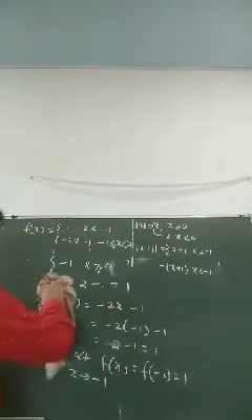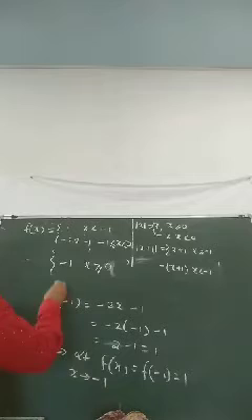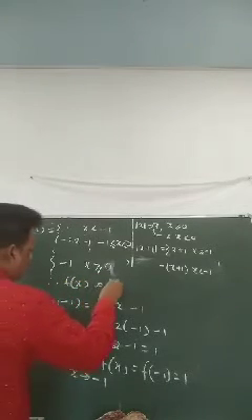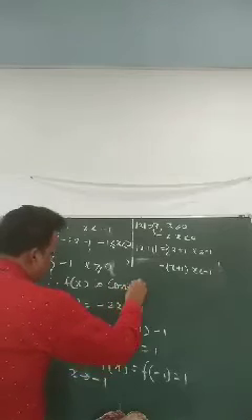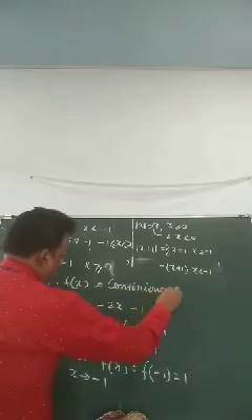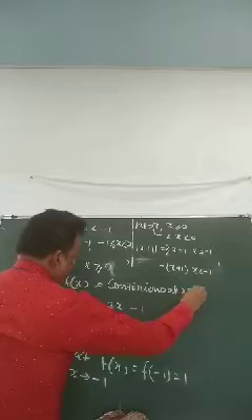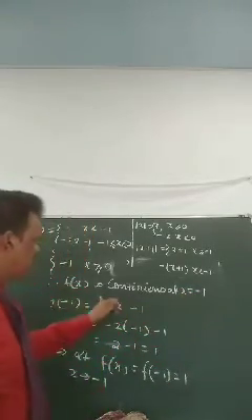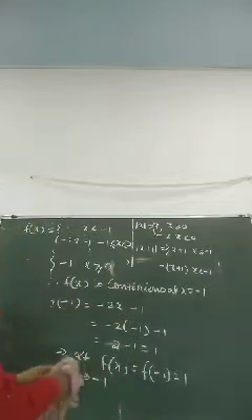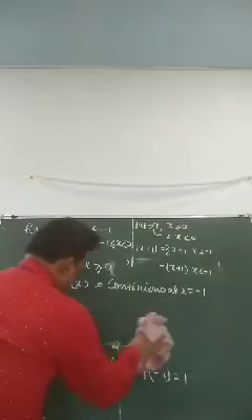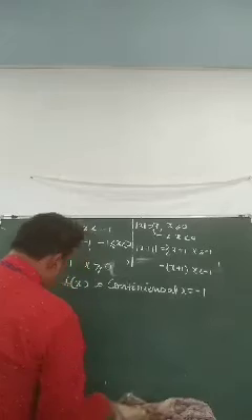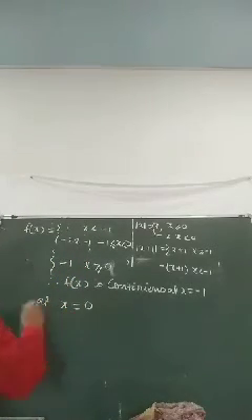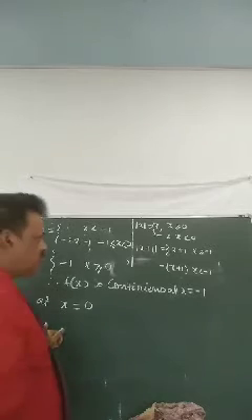Therefore f(x) is continuous at x equals -1. Okay, what is the next point? The next point is at x equals 0.